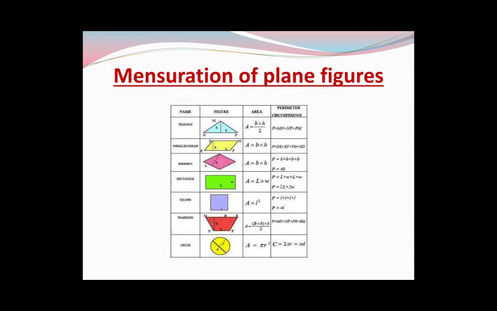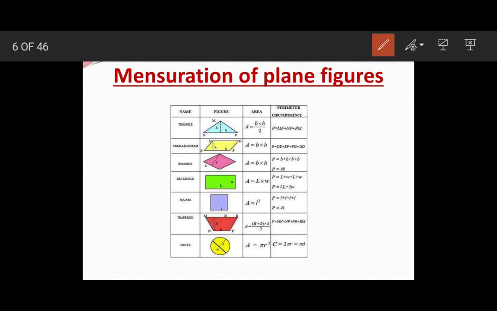Now we'll start with mensuration of plane figures. As I told you, plane figures are triangle, parallelogram, rhombus, rectangle, square, trapezium, and circle. As you can see in this figure, area of triangle is A equal to half into B into H, where B is the base and H is the height.